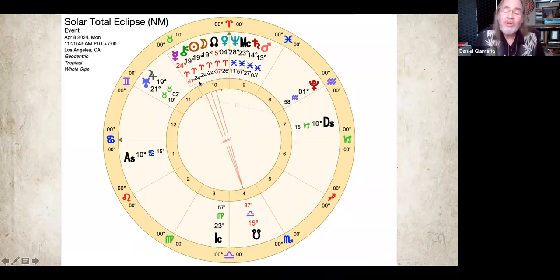So we could say not only is it the great North American total solar eclipse, but also it's the Chiron return U.S. Eclipse. Remember, that's almost exactly the same as the 2023 July start date. This is going to be quite amazing.